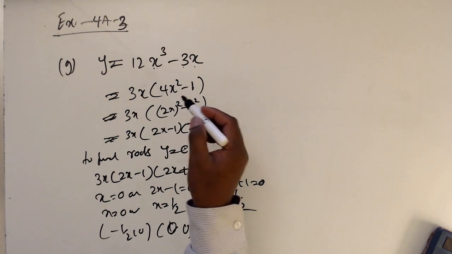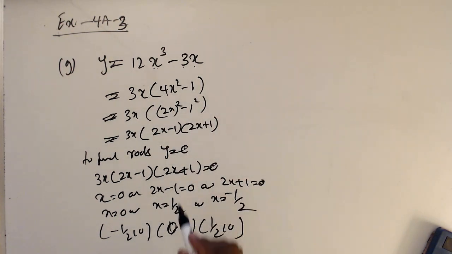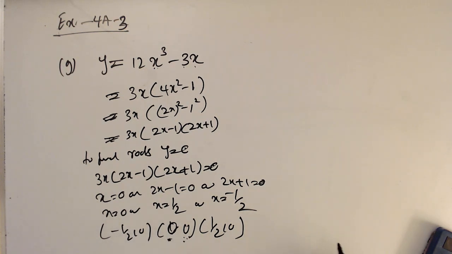And we have (0, 0), so when y equals 0, x equals 0. We don't need to check separately where the curve cuts the y-axis, because we know that when x equals 0, y is already 0.